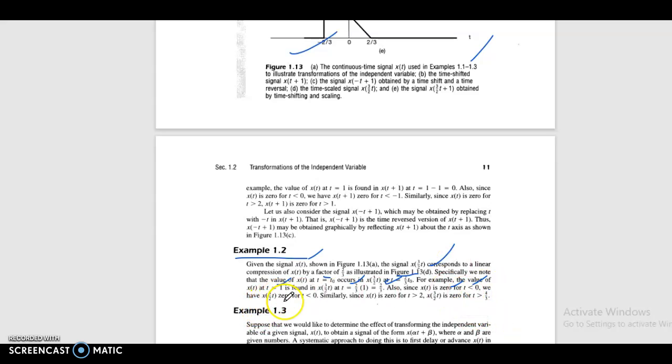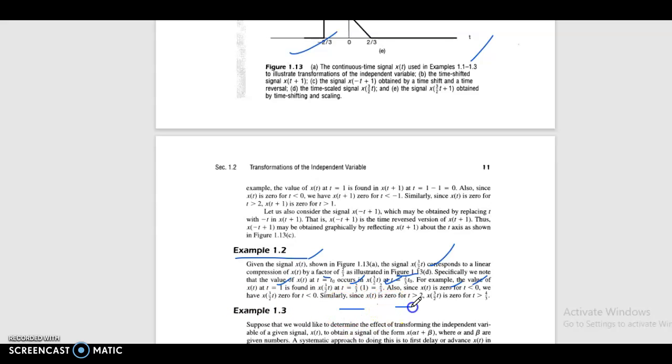We have x of 3/2 t equal to 0 for t less than 0.